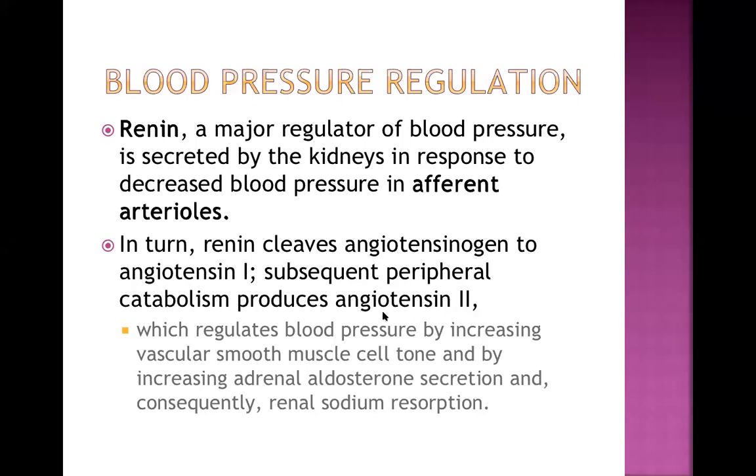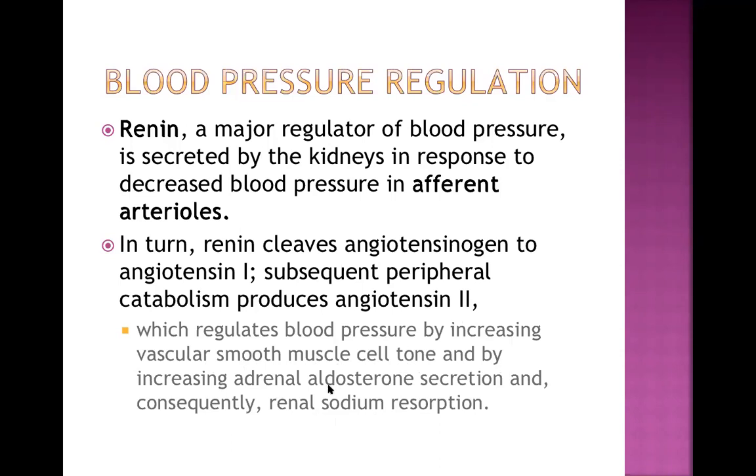This angiotensin 2 is a very powerful substance. It is regulating blood pressure by increasing the vascular smooth muscle tone and by increasing adrenal aldosterone secretion and consequently renal sodium resorption. So this angiotensin itself is a powerful vasoconstrictor.